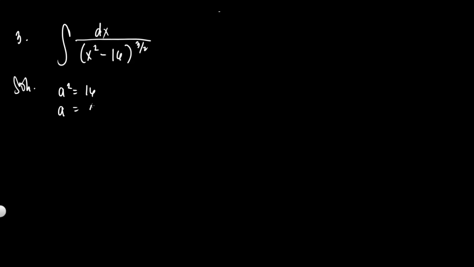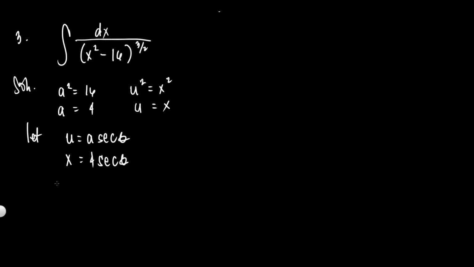Therefore, a is 4. u squared is x squared. Therefore, u is equal to x. So, we let u equals a secant theta. u is x, and a is 4, so x equals 4 secant theta.